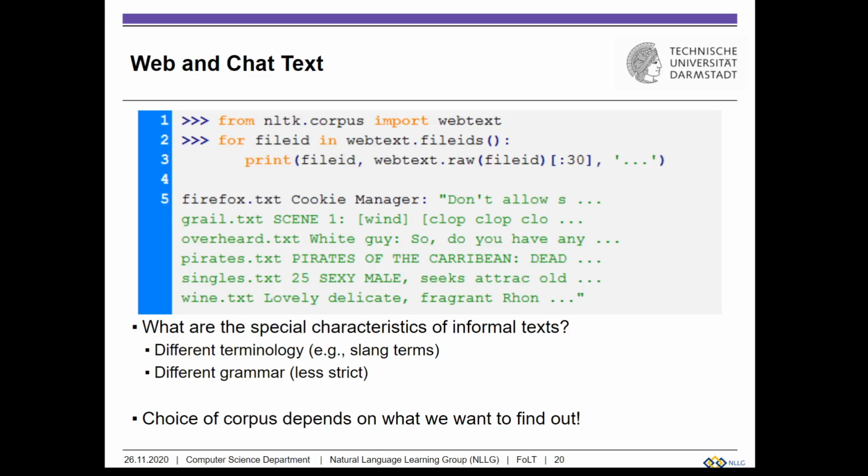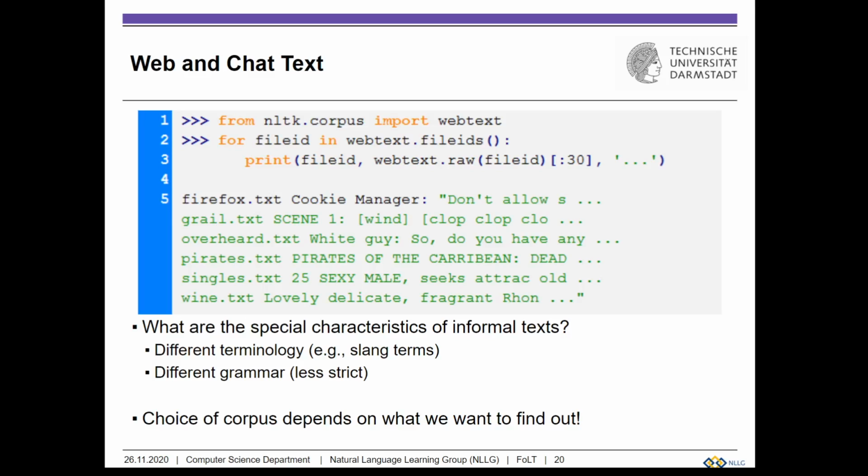So what are the special characteristics? There's different terminology. There are different words being used in web text versus poetry text. Of course, people on the internet use slang. They make orthographic mistakes. They mistype. They use their local language, their sociolects, etc. And there may also be grammatical differences.